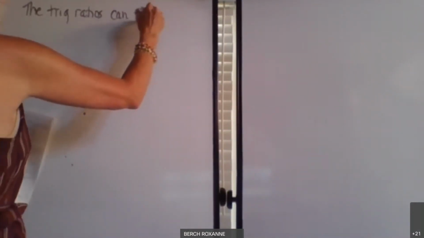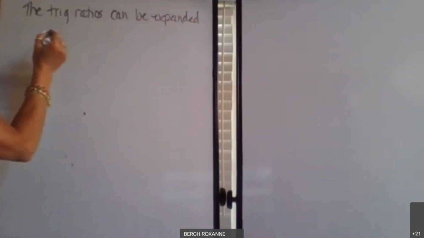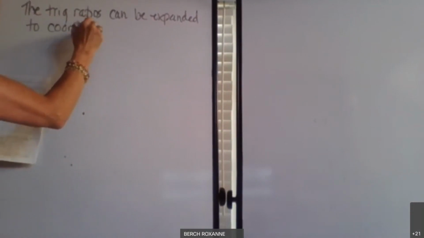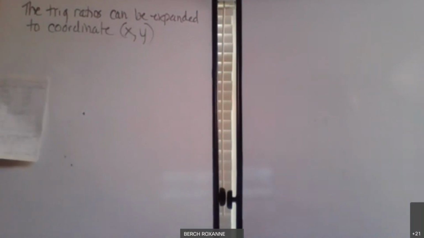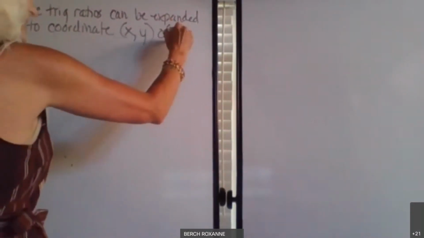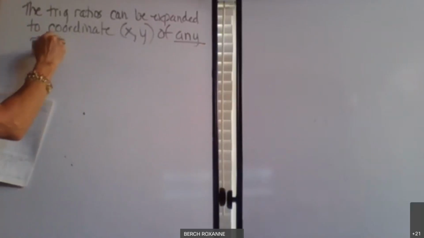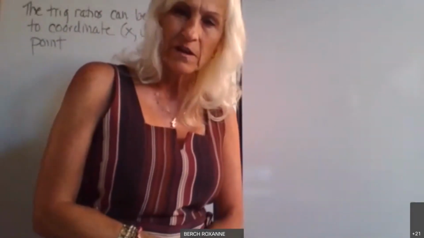All right, the trig ratios can be expanded to coordinates x, y of any point. So far, we've only looked at special angles and their points.